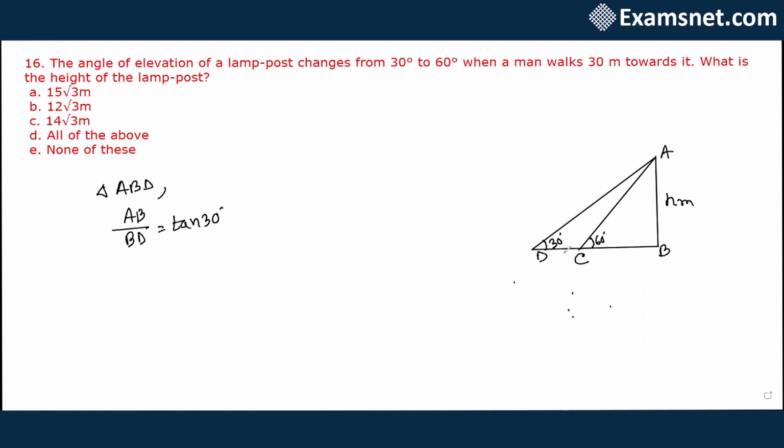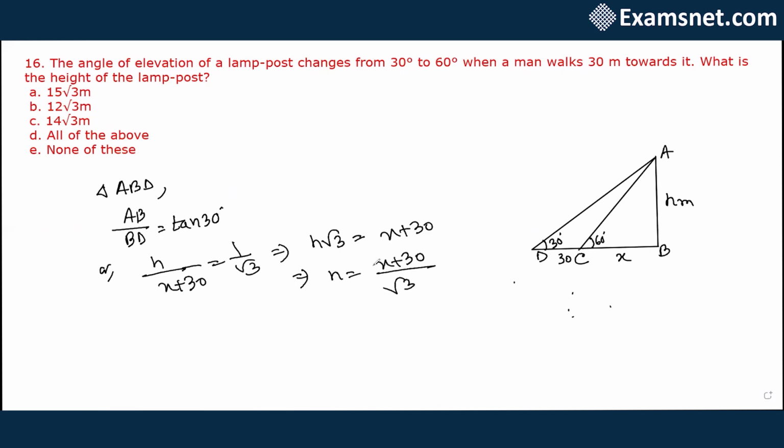This is 30 meter and we don't know the value of BC, so we can assume it as X. H by X plus 30 equals 1 by root 3. From here we can write H root 3 equals X plus 30, or we can write H as X plus 30 by root 3. Let's name it equation number 1.